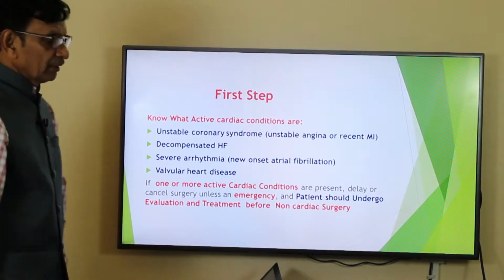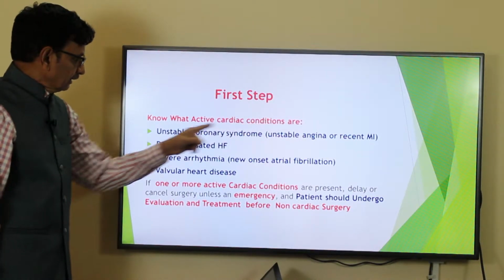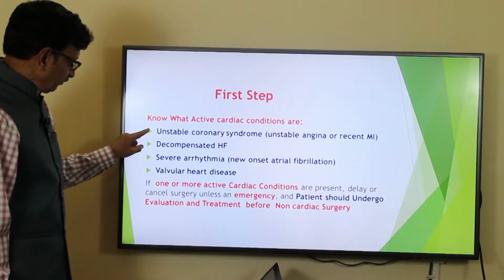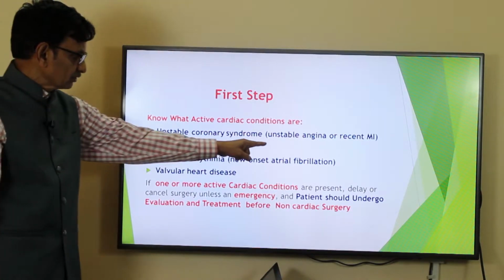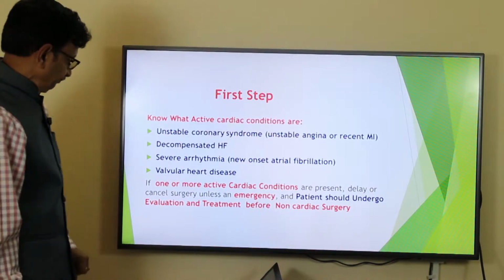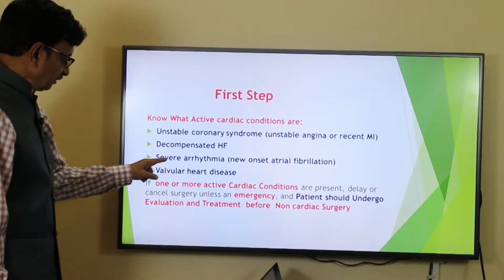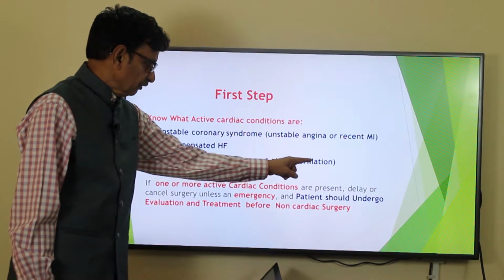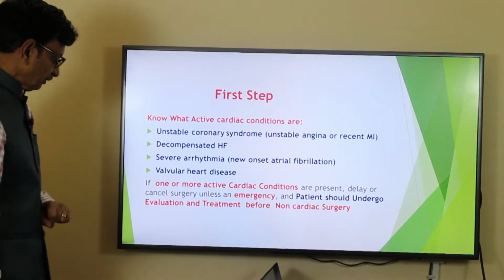Step 1. First of all, know what the active cardiac conditions are. What are the active cardiac conditions? You should memorize these 4: unstable coronary syndrome, or unstable angina, or recent MI; decompensated heart failure; severe arrhythmia, and new onset atrial fibrillation falls into that category; and valvular disease.